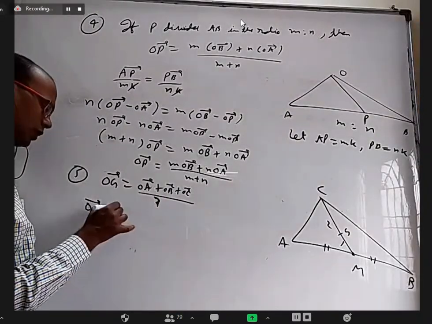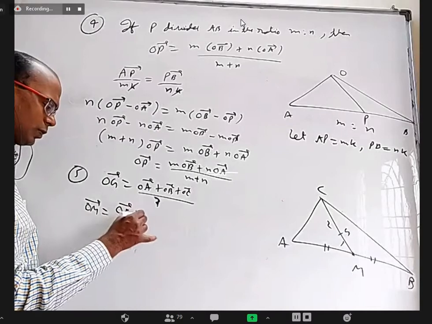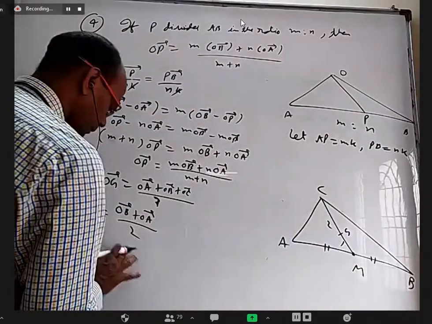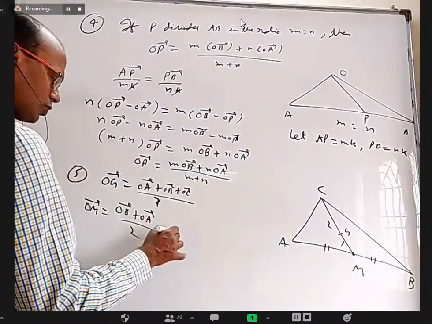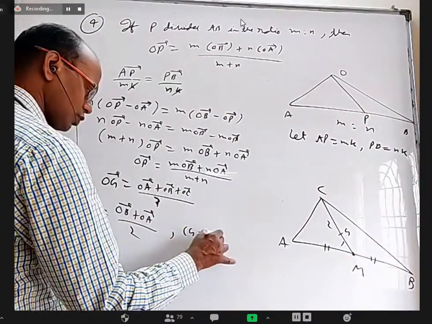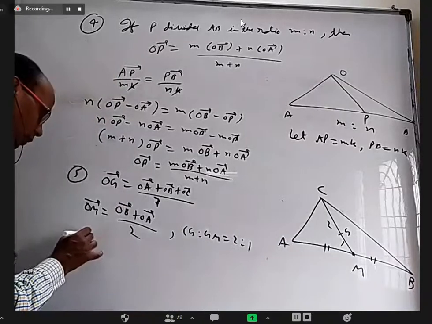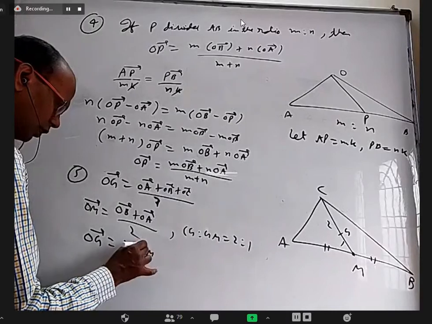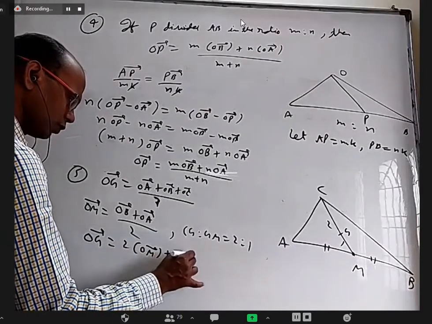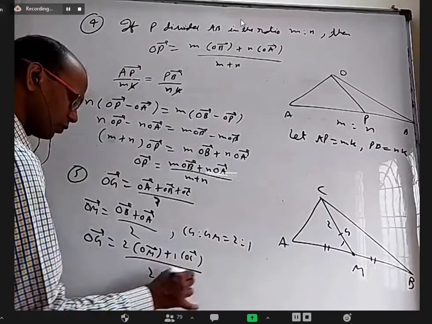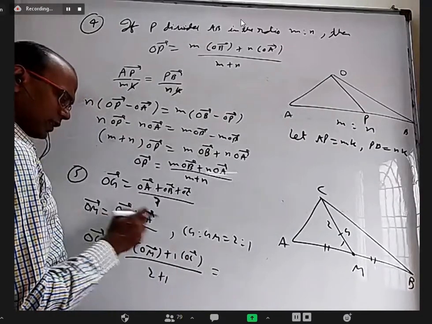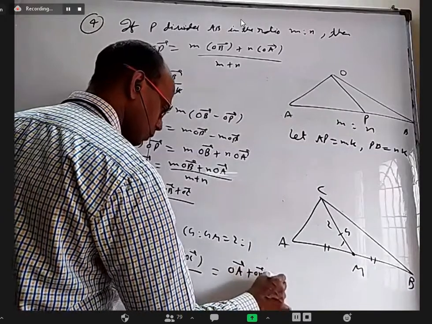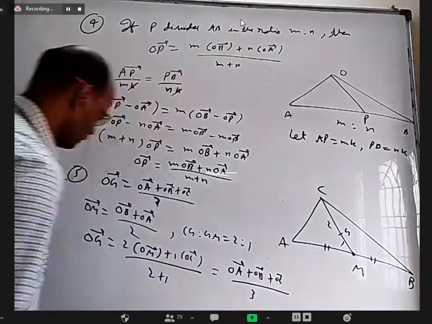First of all, OM bar is the midpoint, so OB bar plus OA bar by 2. And then CG is to GM, which is 2:1. So OG bar will be 2 times OM bar plus 1 into OC bar by 2 plus 1. 2 times OM bar is exactly OA plus OB. So OA plus OB plus OC by 3.